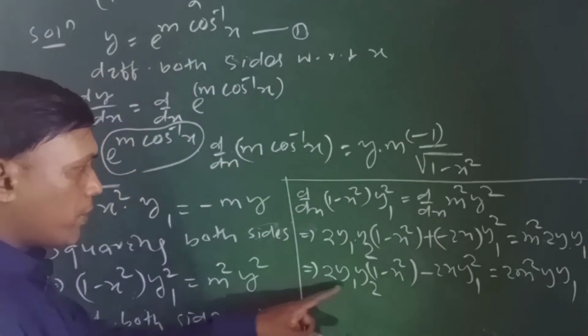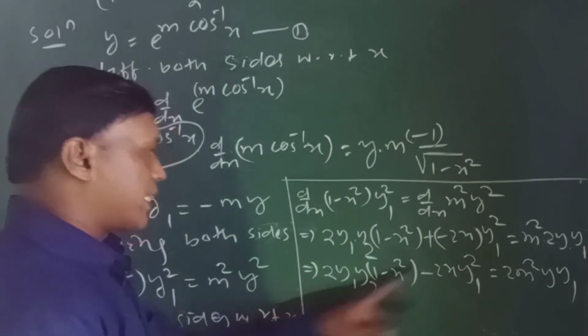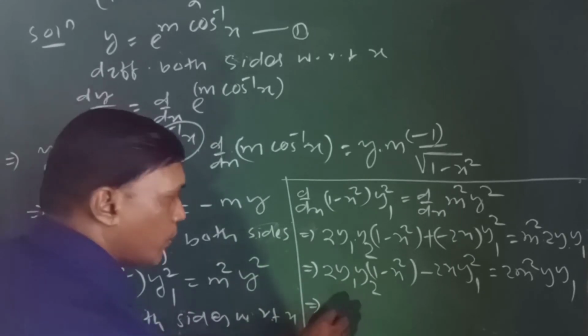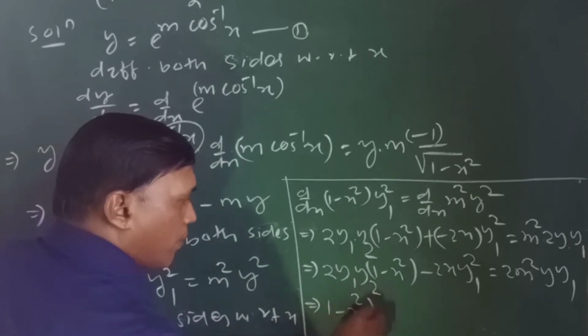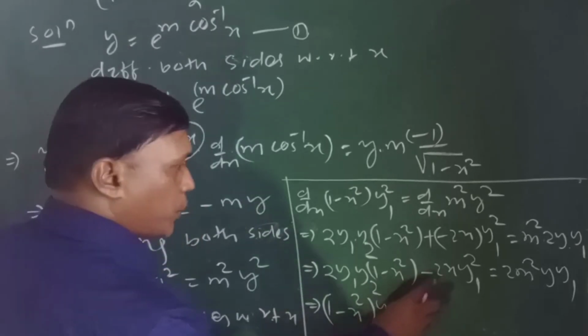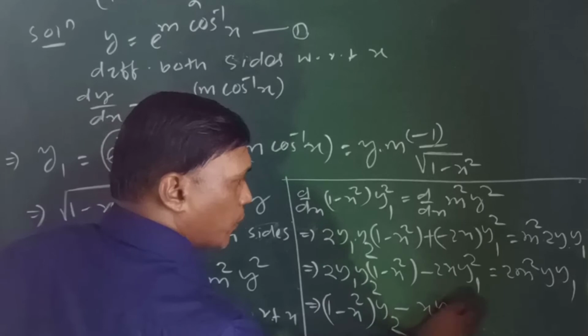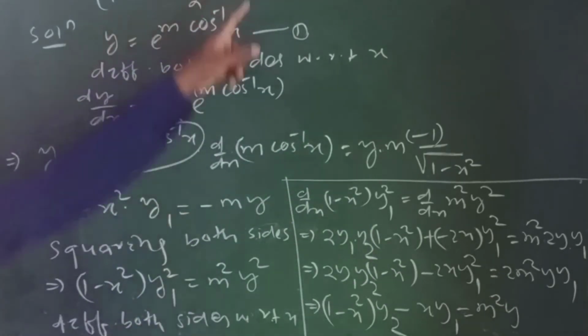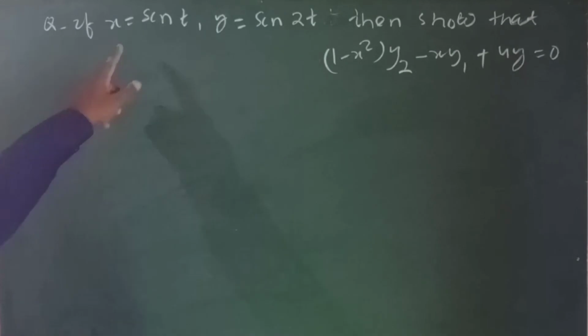So the common term is 2y1. Cancelling the term 2y1, we find here (1 minus x square) into y2 minus x into y1 is equal to m square y, and it is proved.